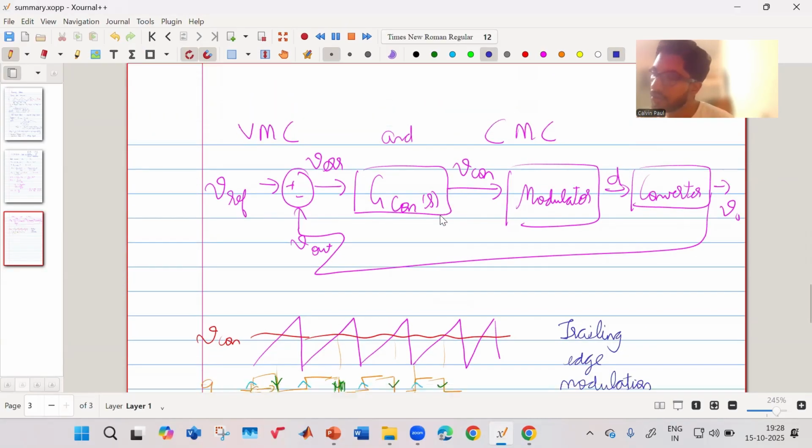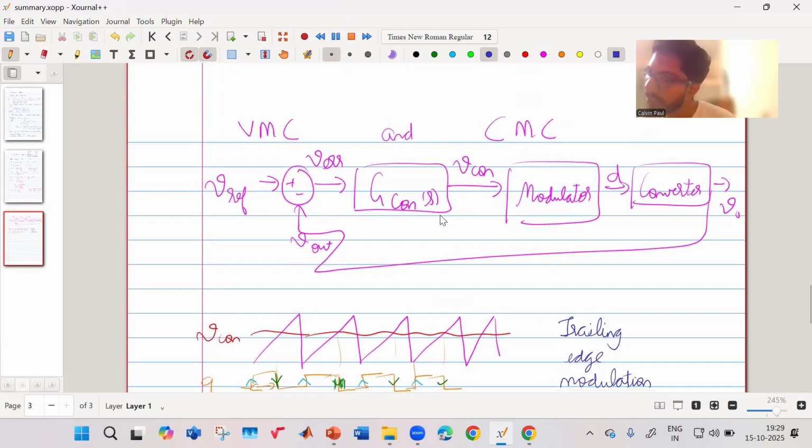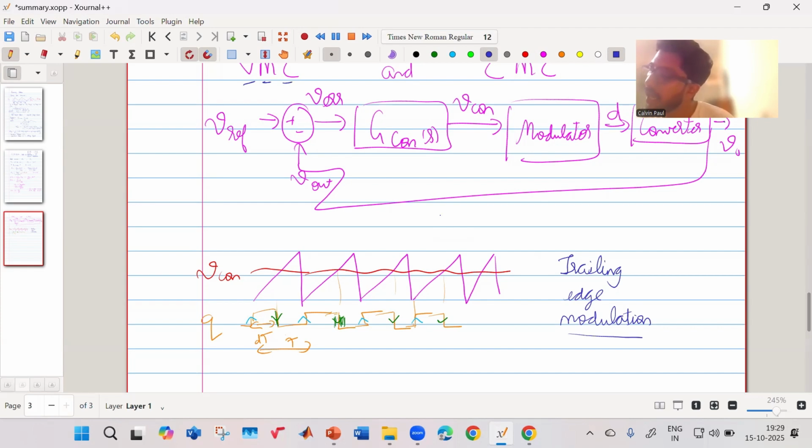Okay. So this is voltage mode control. How are we controlling? What are we exactly controlling? We are controlling the voltage. And modulation is how we are using that VCon to generate a gate signal. It can be done using trailing edge modulation.